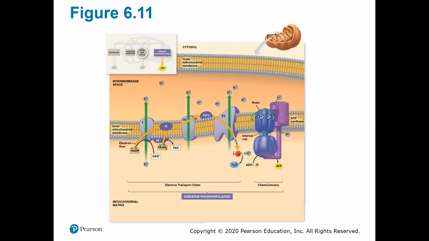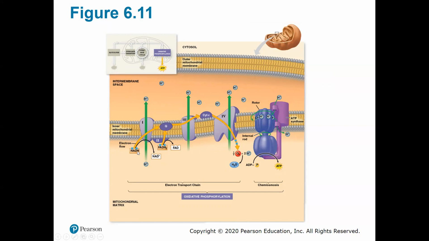This here is the overall diagram of the electron transport chain and chemiosmosis. And this is in the folds of the mitochondria. So you have your protein molecules here in the phospholipid bilayer in the mitochondria.